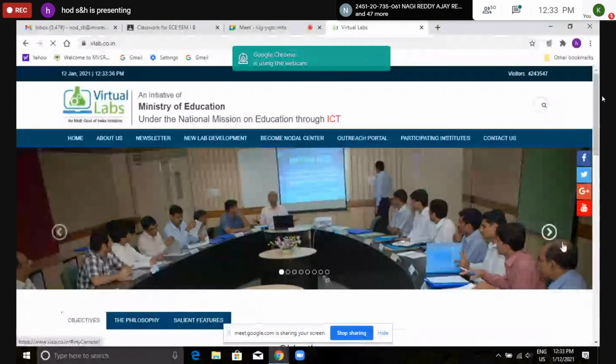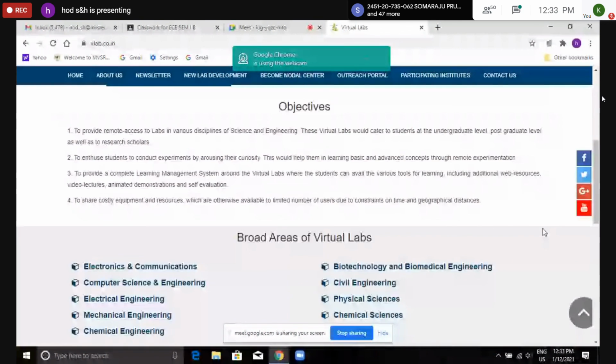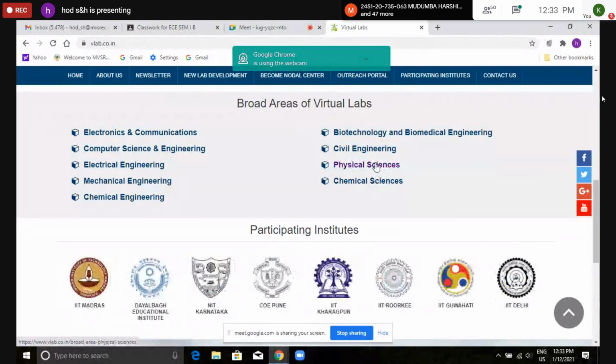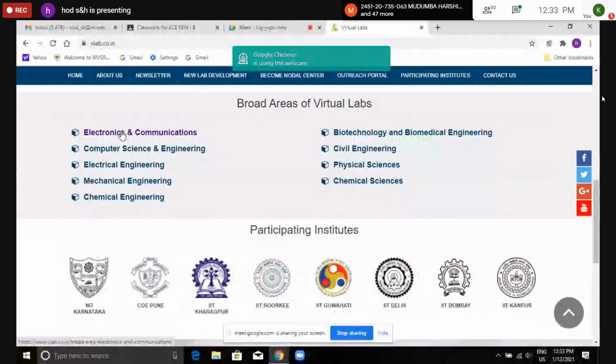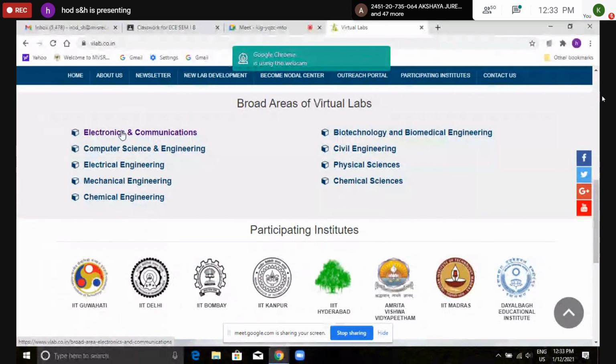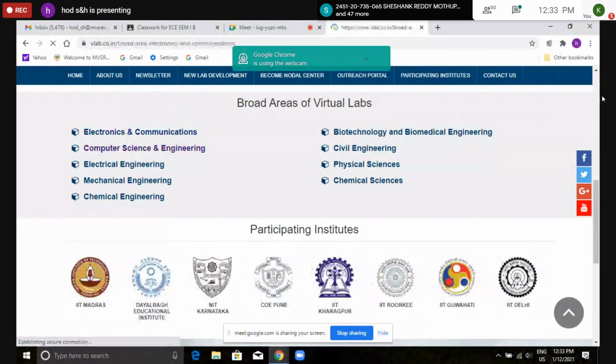Like the first experiment, energy gap. This time, instead of going for physical sciences, you browse electronics and communications, because these experiments are there in this category, ECE. So you have to click electronics and communications.